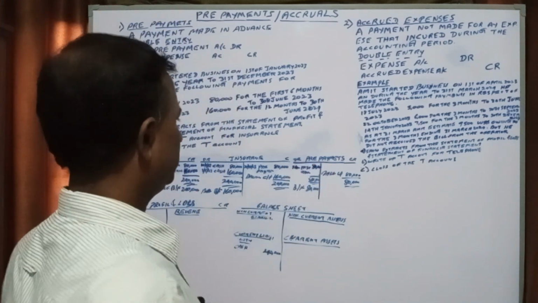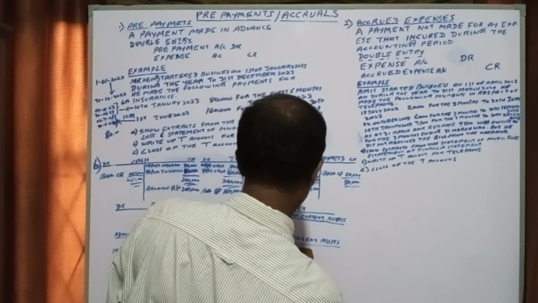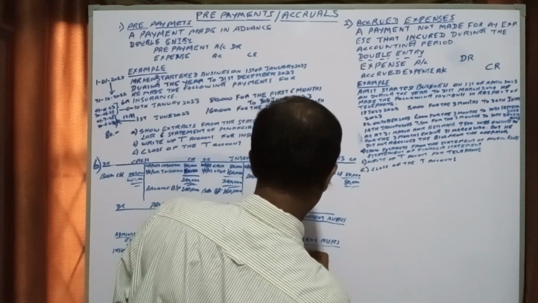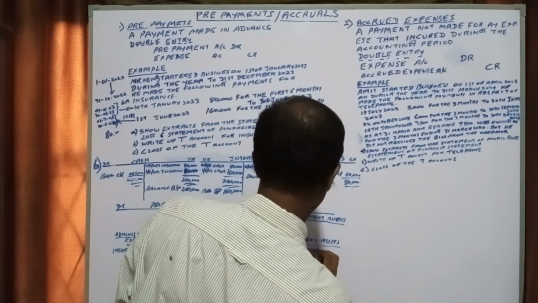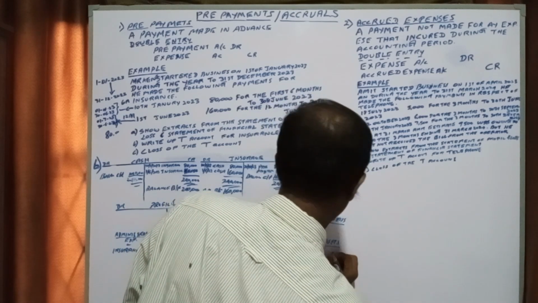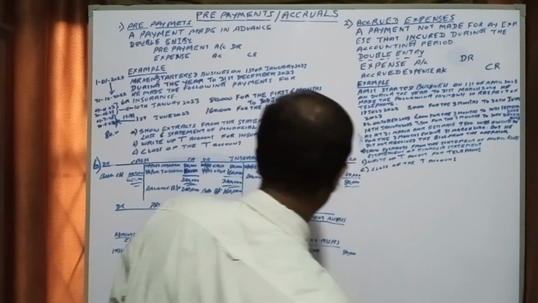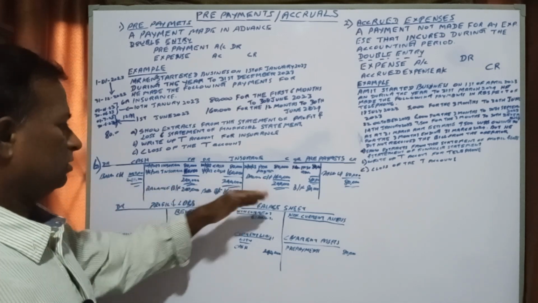And insurance prepayment, 80,000. This is the profit and loss account. This is the balance sheet.